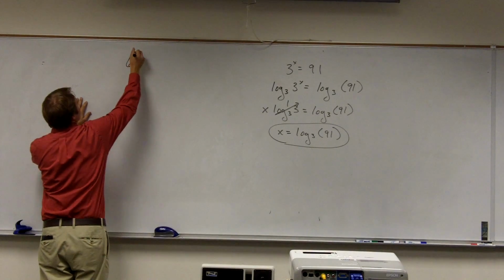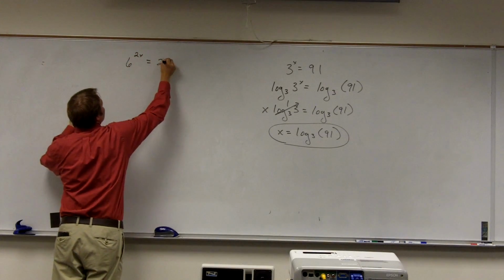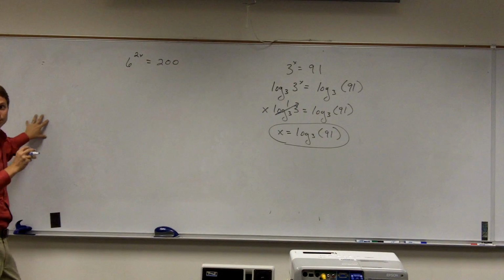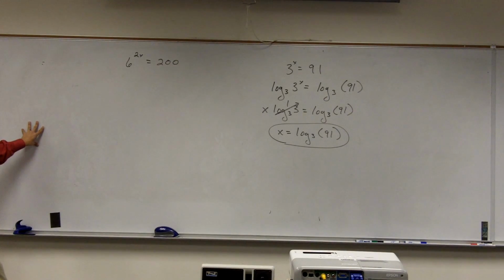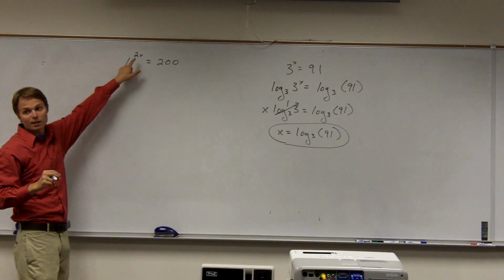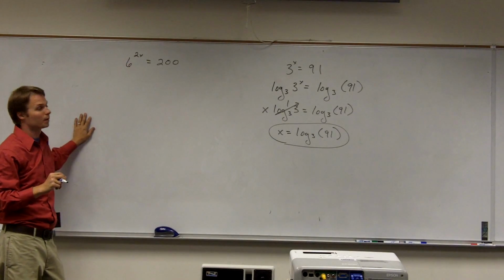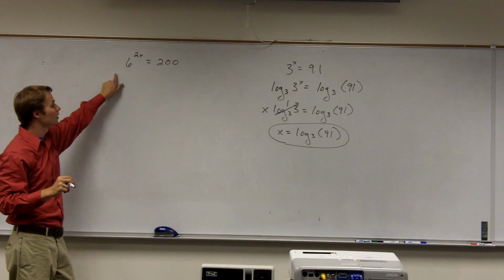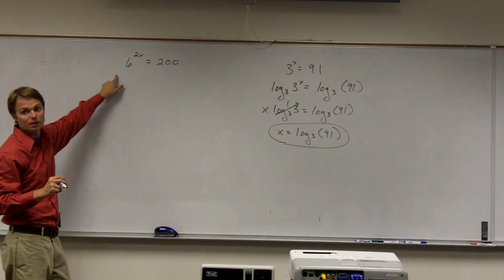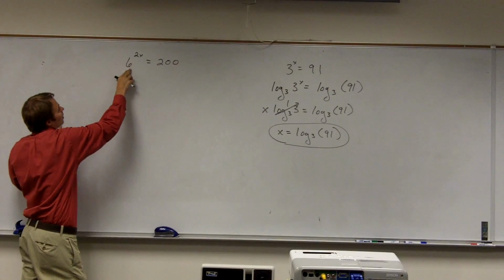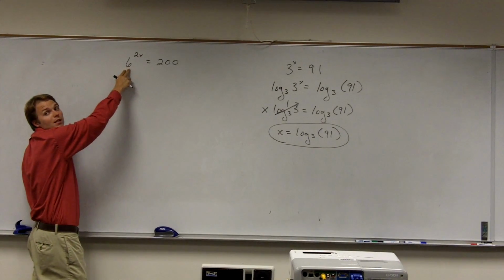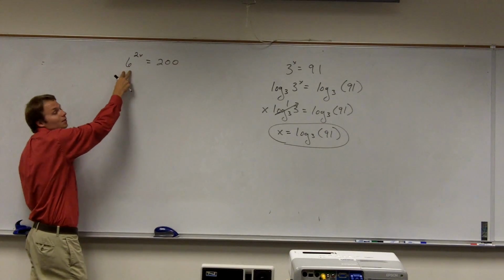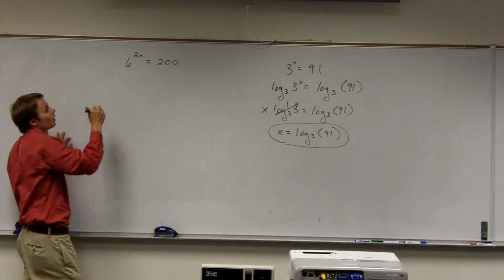So how about one like this? 6 to the 2x power is equal to 200. In this case, I'm trying to get the x out of the exponent, right, to solve this. So what I can do is actually just take the log base 6 of both sides. You want to pick the log base that the base is here, because the idea is when you take log base 6 of 6, it cancels out and becomes 1, right?